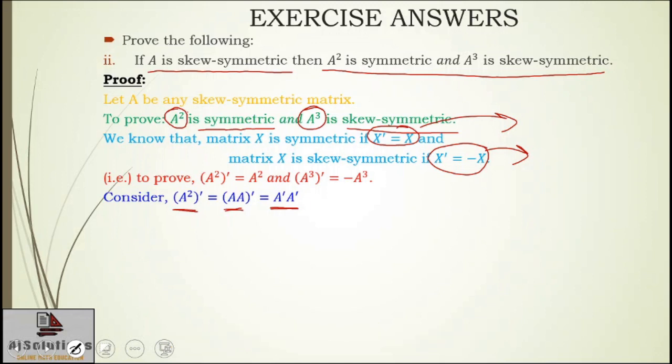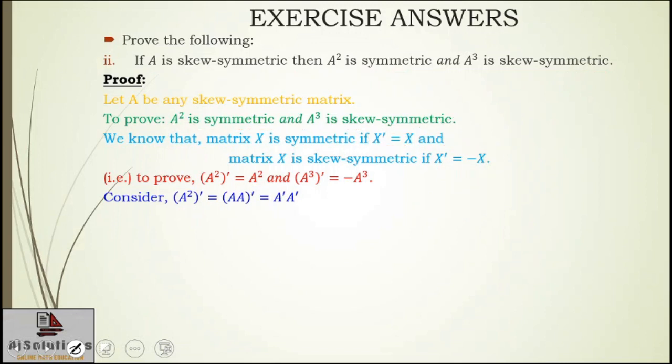And after that we have to compare the thing which we have and the thing which we want. We have basically A transpose into A transpose, nothing but square of A transpose, and we want A square. So if we get A in place of A transpose, we are done. And how to get that?